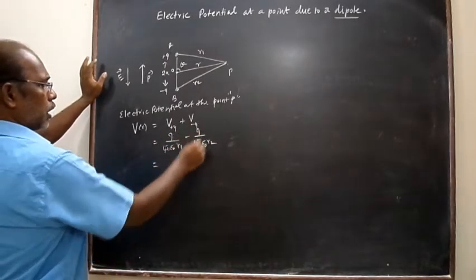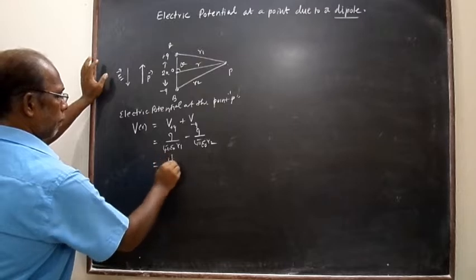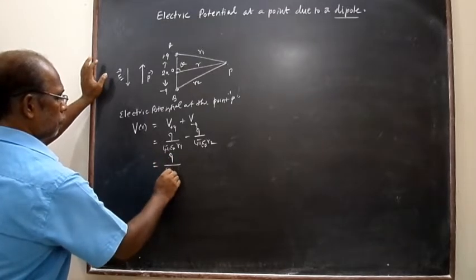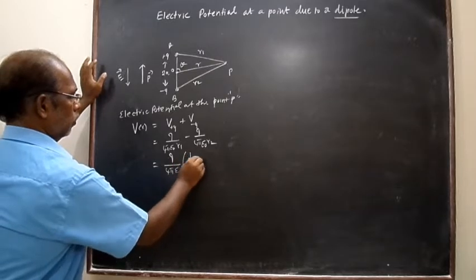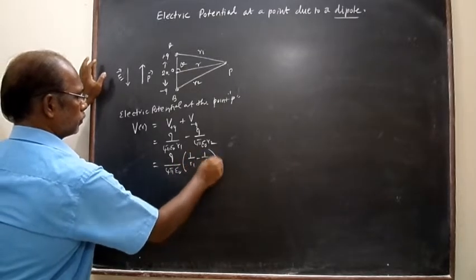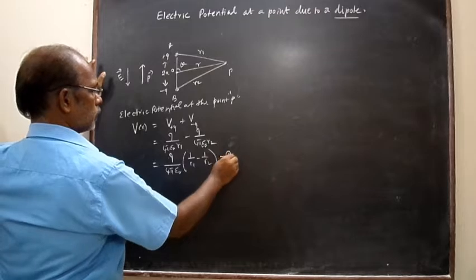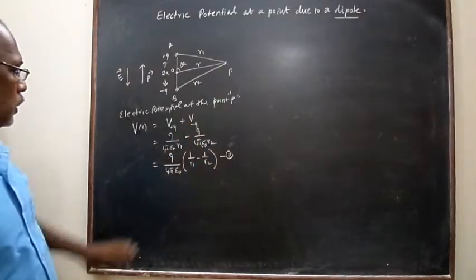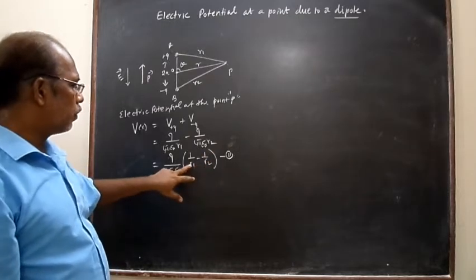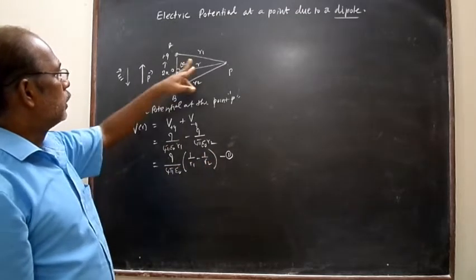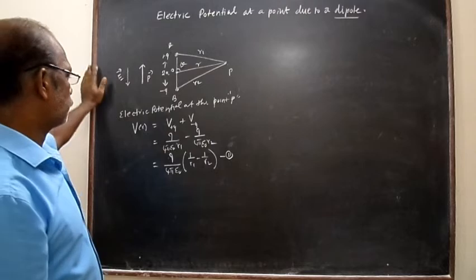So we take out the common factor Q by 4 pi epsilon naught, then inside 1 by R1 minus 1 by R2. Okay, this is the result number 1. This will be the final result after knowing the value of R1, R2 in terms of R and theta.